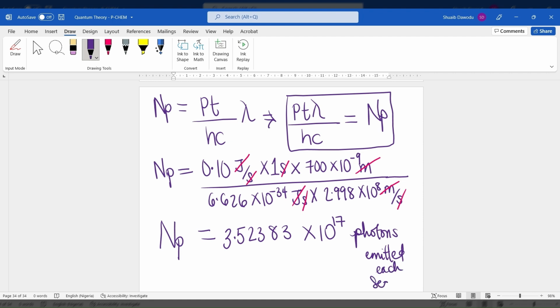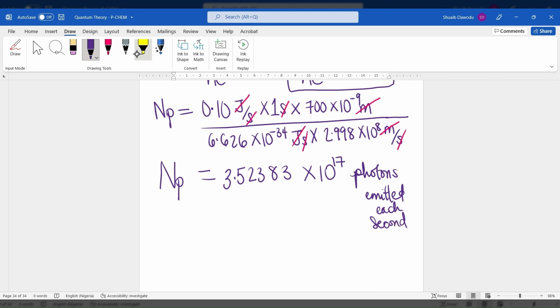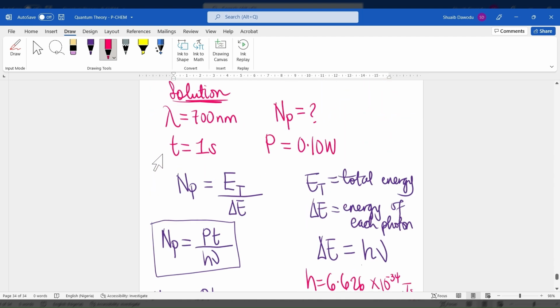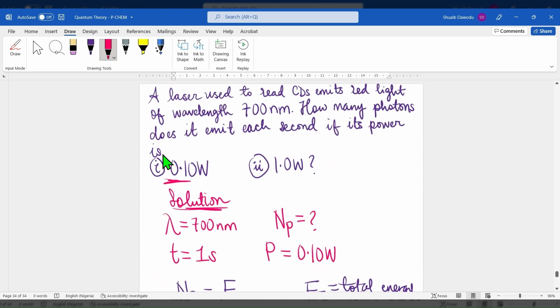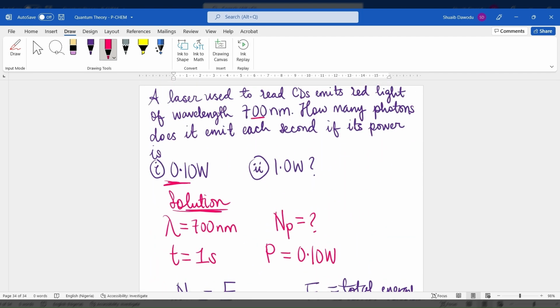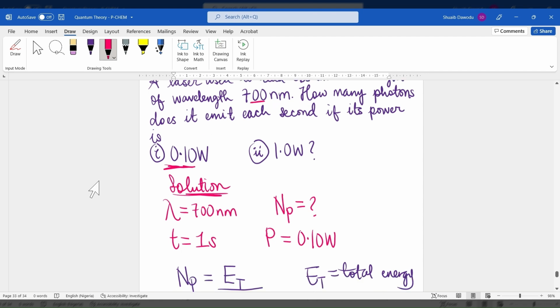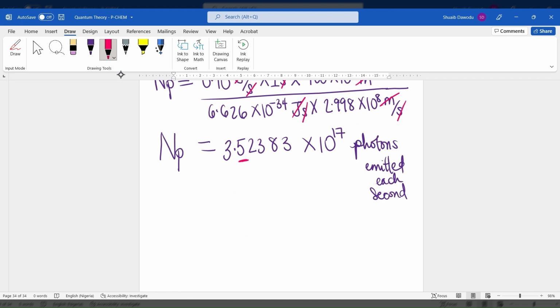But then again, we're chemists, as you're very well aware. If you've been watching my channel, you have to remember that we always put our work in the proper number of significant figures. And in this question, the proper number of significant figures is 2. Because when we go back to our question, we see that we're given 700 in 3 sig figs and 0.10 in 2 sig figs. So our final answer has to be in 2 sig figs.